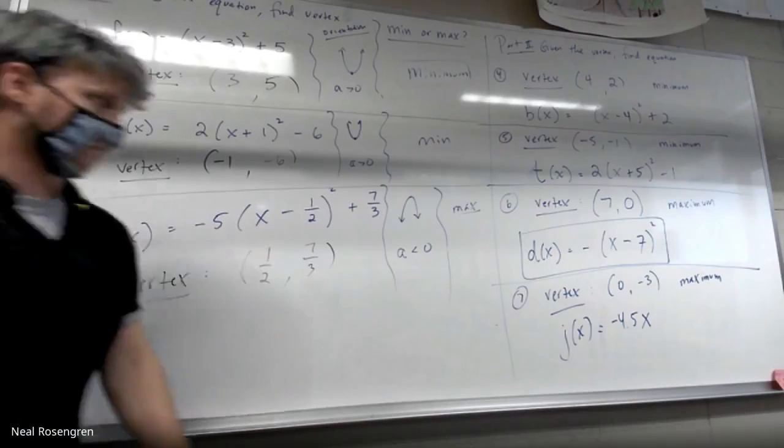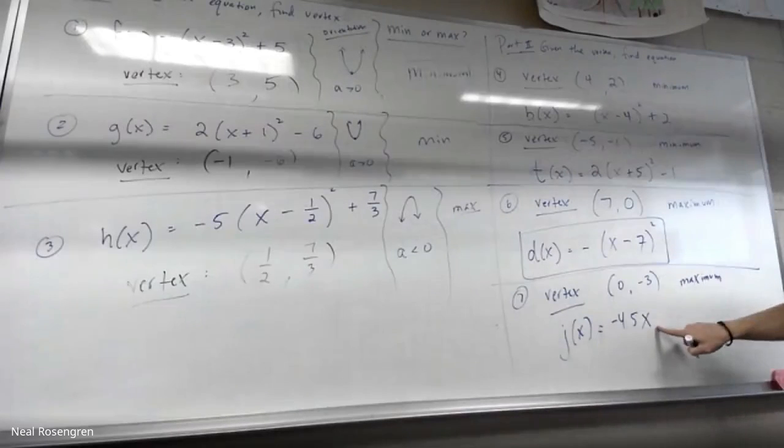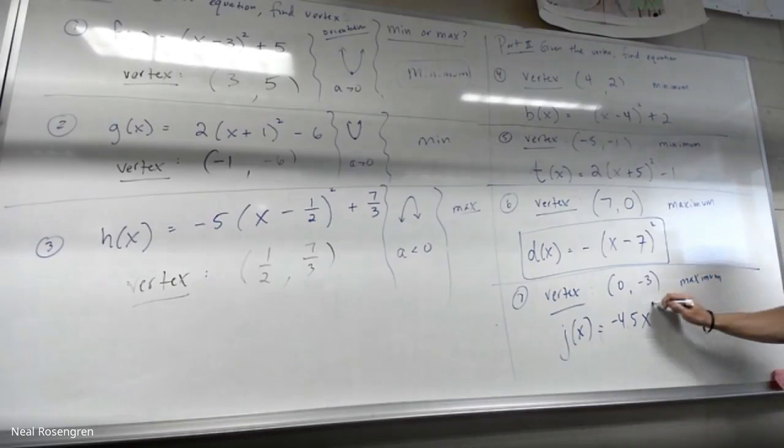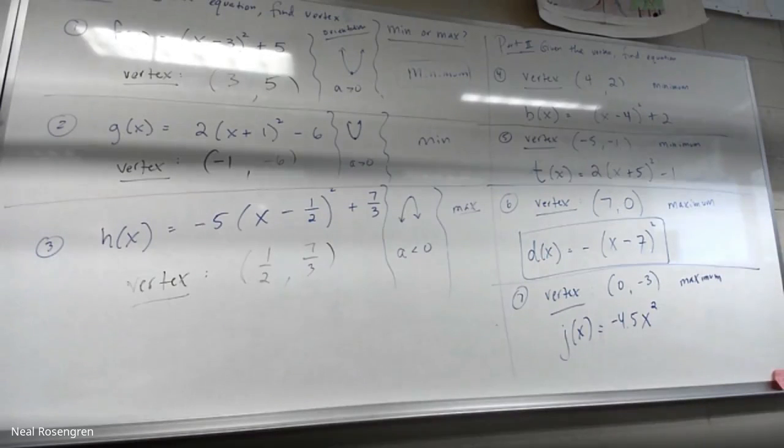What's next? What do I need right after that X if I want it to be quadratic? Good, thank you, Johnny. Gotta have X squared somewhere if you want it to be shaped like this. Now, putting the parentheses, you're not wrong. It's like putting one X instead of just X. I'm never going to take off points for that, but it's just simpler.